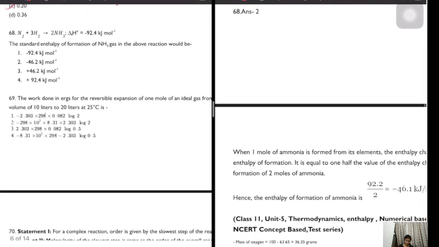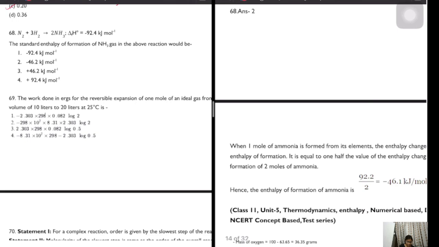Now the next question says this is the reaction given to us and this is the delta H. Now we have to find the standard enthalpy of formation of NH3 gas in the above reaction. Let's see how we can find it. See, for 2 moles of formation, it is given to be minus 92.4.